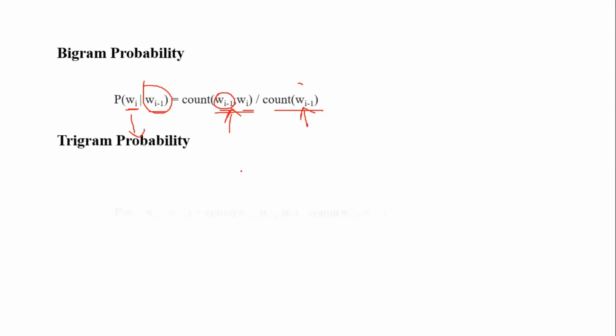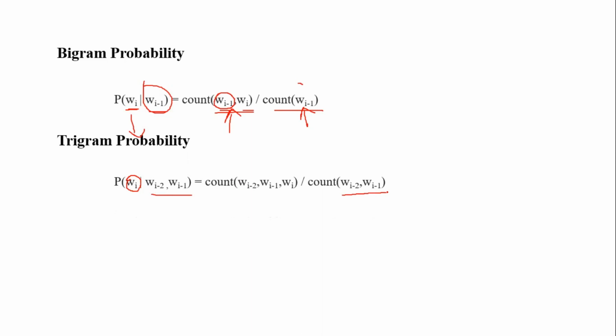Next one is trigram probability. Here the next word is Wi, right? It depends on the previous two words, Wi minus 2 and Wi minus 1. Here two words are already given, Wi minus 2 and Wi minus 1.